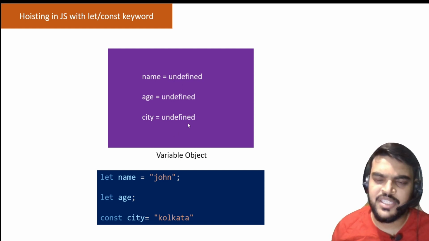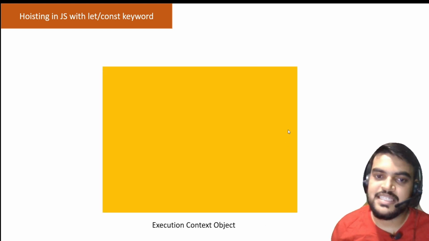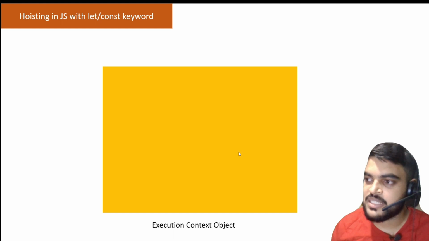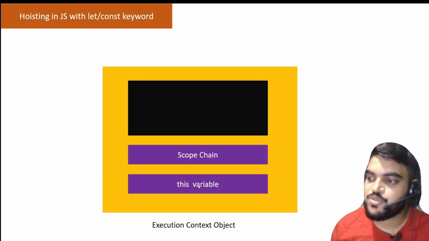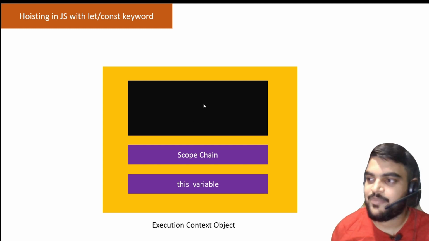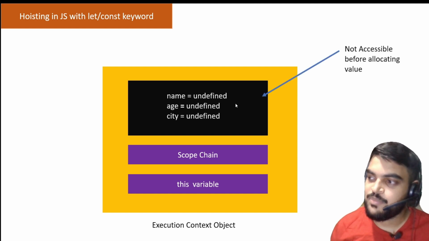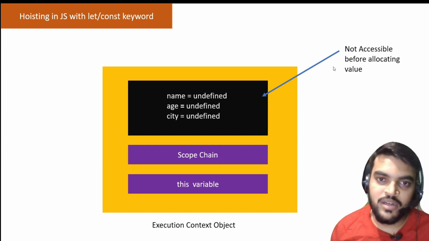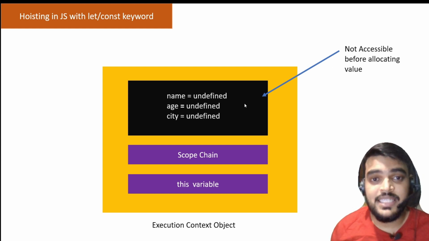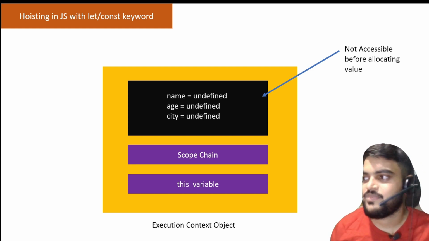The same thing is happening here as well. But here is the thing that you have to understand. Again it is my execution context object, and here I have the scope chain, this variable and all. But here is where the difference happens. Here I have name, age and city, which are undefined. But right now the problem is that it is not accessible. It is there, I mean it is hoisted, but it is not accessible at all.